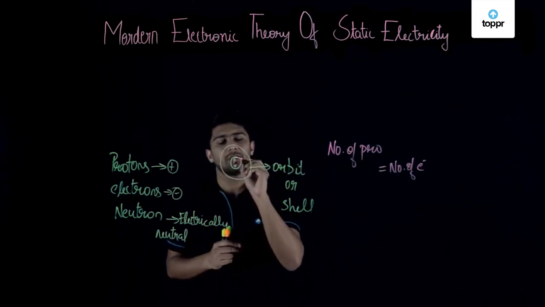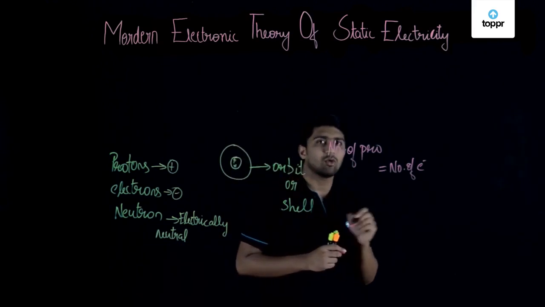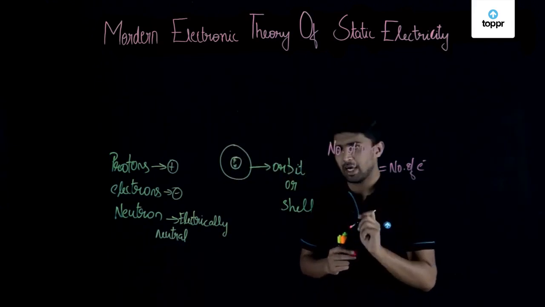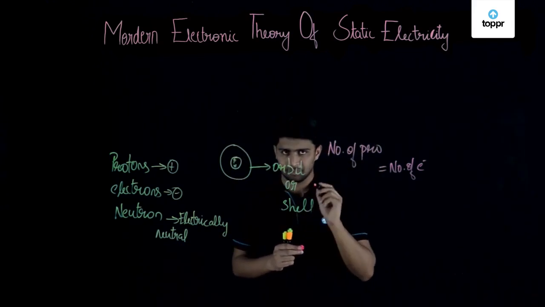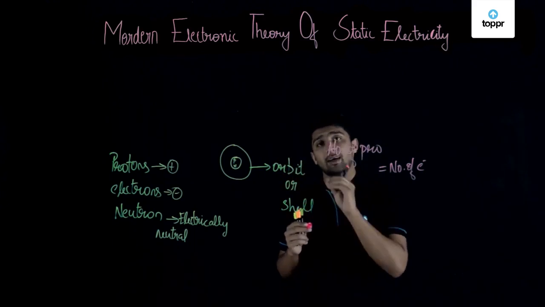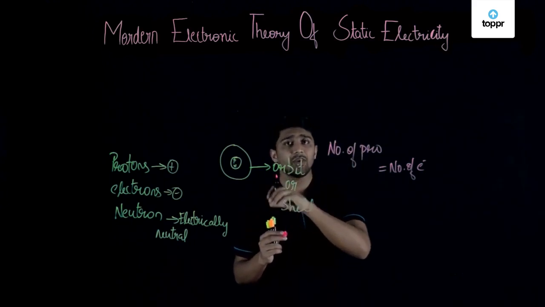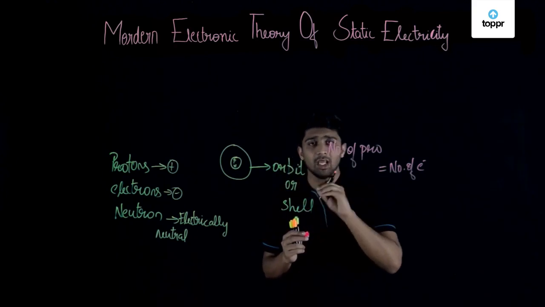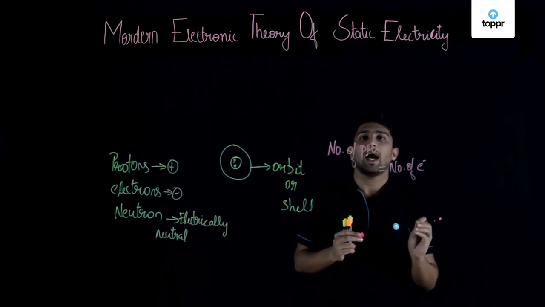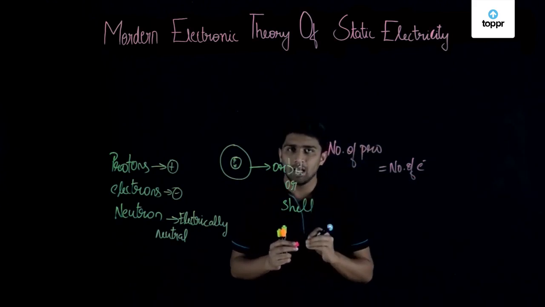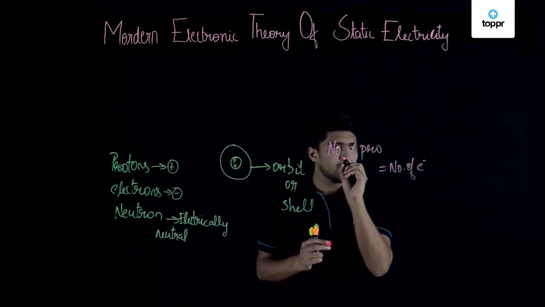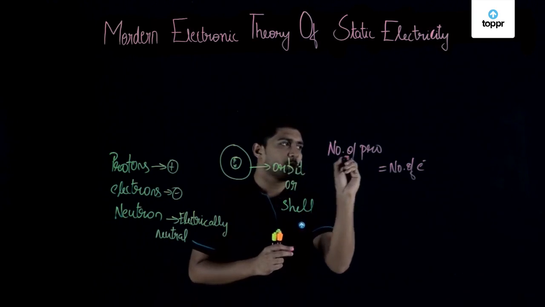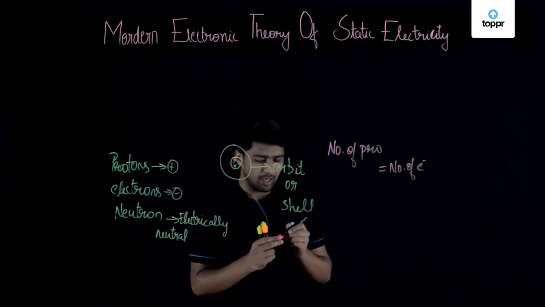If the number of protons is 5, in the outermost shell you can find 5 valence electrons. When a body transfers electrons to another, one will lose electrons and the other will gain electrons, right? As I have already told, in an atom the number of protons is always equal to the number of electrons.